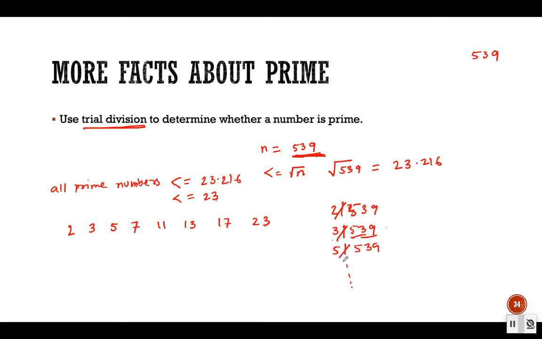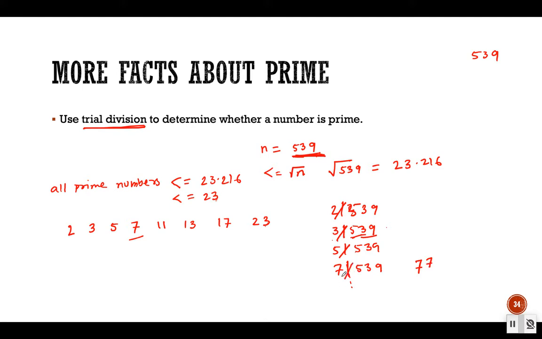All right, so how about 7? Here we can see that 7 times 7 is 49, and so 77.